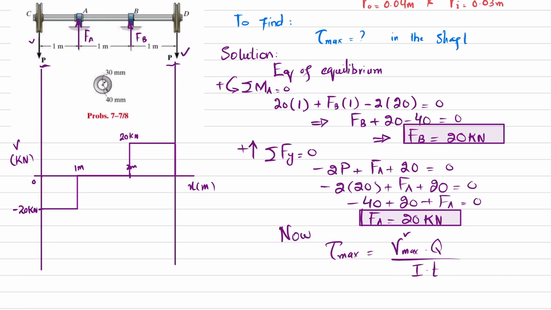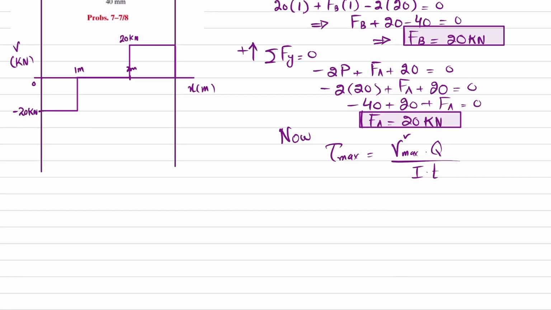So this is your shear force diagram. From this shear force diagram, we know that the absolute value of maximum shear force is 20 kilonewton. So this is solved.